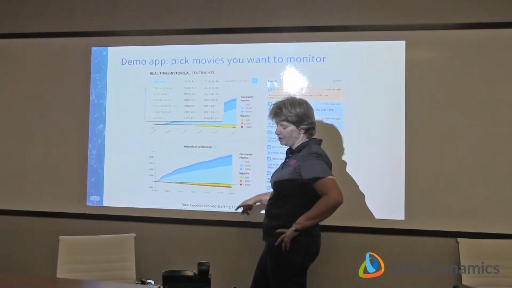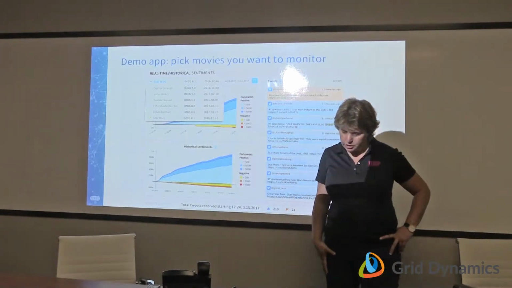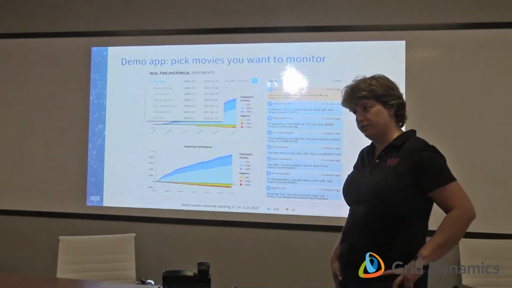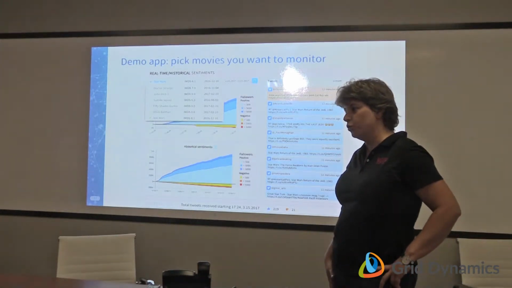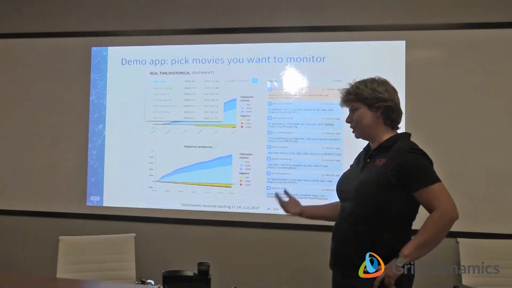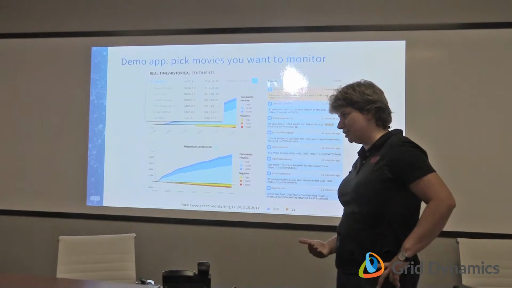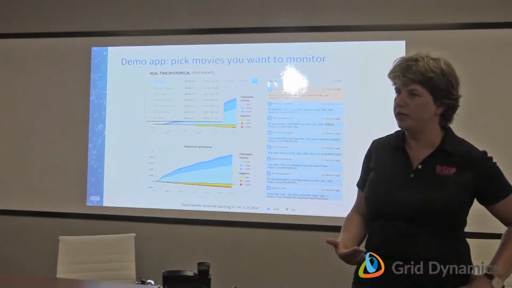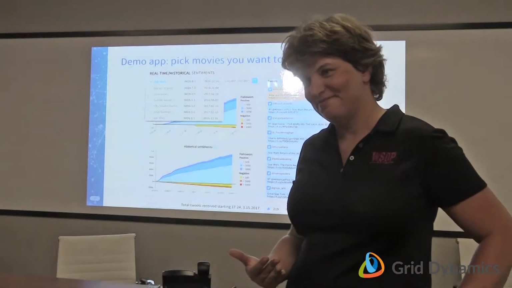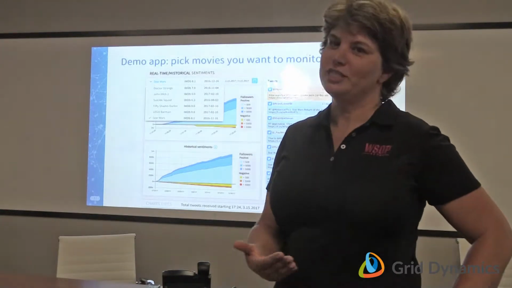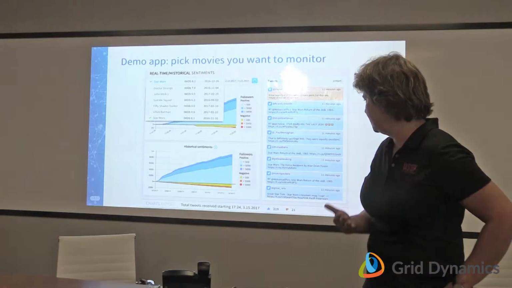Now, when we started looking at the data, we realized that not all tweets are born the same. There are some people who are much more influential than others. And of course, the sentiment of the influential person means a lot more than the sentiment of the non-influential. How do you know? The easiest way is to look at the number of followers. Somebody who has lots of followers is very influential. Somebody who has few is not so influential.